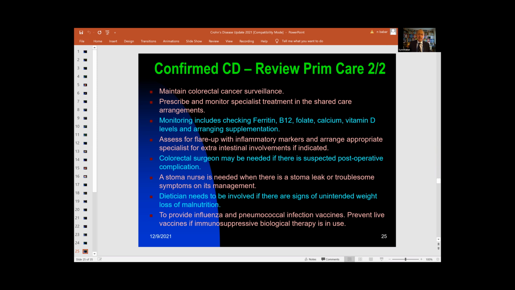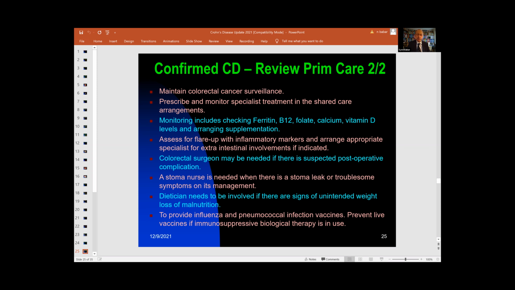Colorectal surgeon may be needed for advice and follow-up if there are post-operative complications or if there are rectal issues such as fistula, fissures, and also sinuses. Colorectal nurse specialists will team up with the stoma nurse and advise particularly on ileostomy and on pouches made as reservoirs.